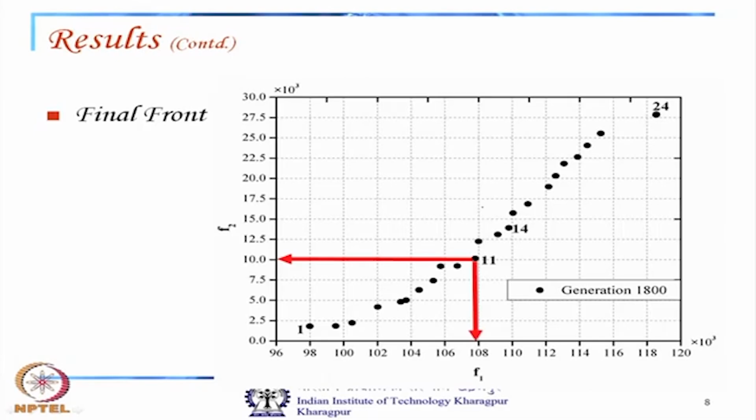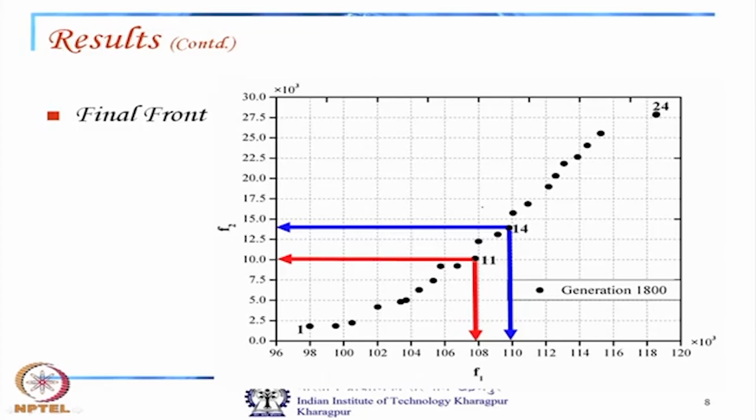In this particular front, 11 and 14 are 2 points, and these 2 points are showing 2 different results. 11 and 14 will give you 2 sets of capital Q and small q values, and with that you can explain the process.